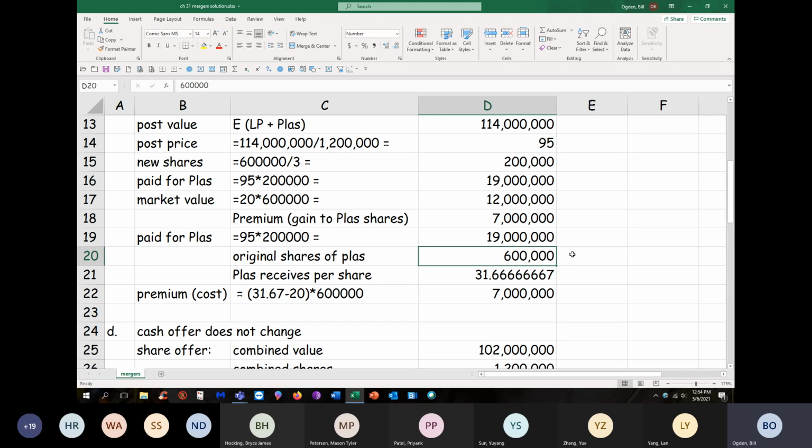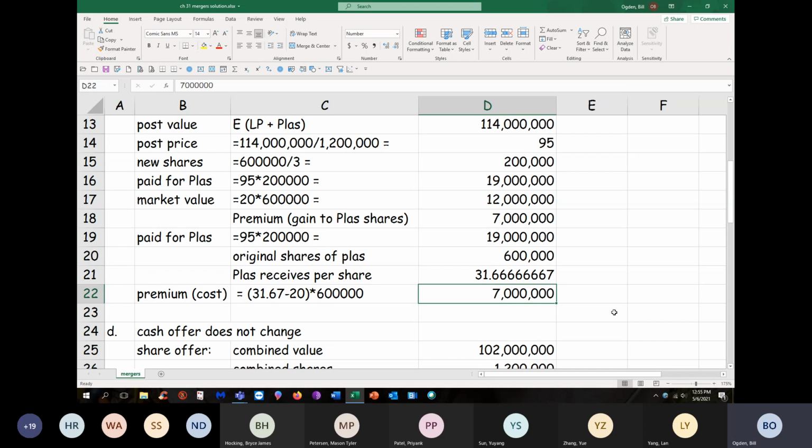In other words, if I take the 19 million and divide by 600,000, it's $31.67 a share. So they're paying, in effect, $31.67 a share for shares with a market value of $20. So they have what looks like an $11.67 premium on 600,000 shares. That would be $7 million cost. So you could do it either way.